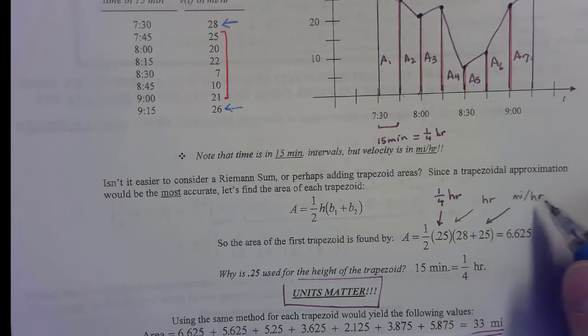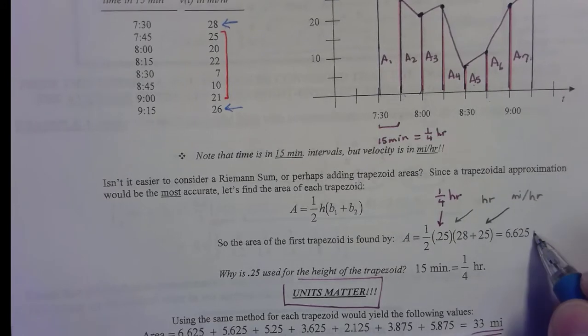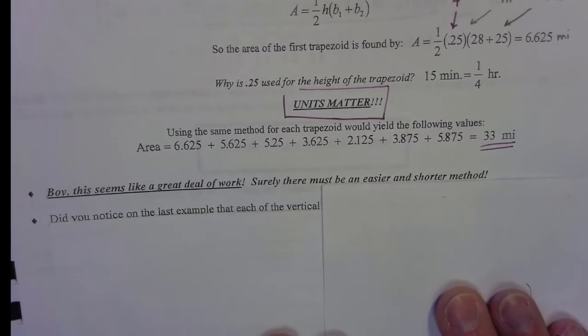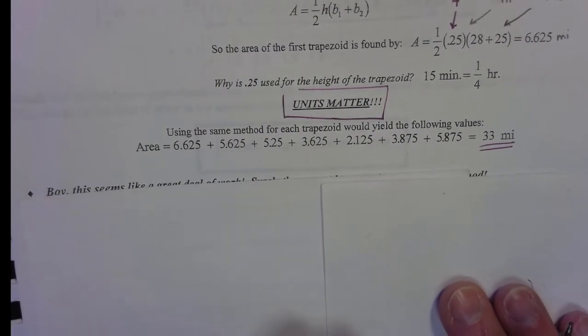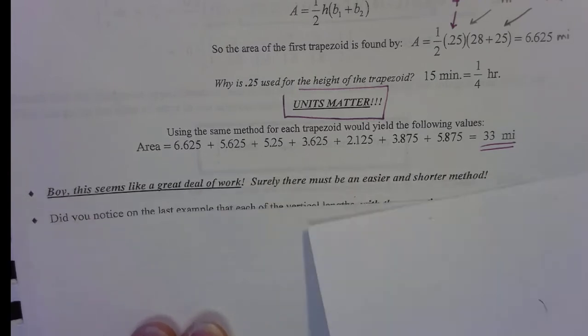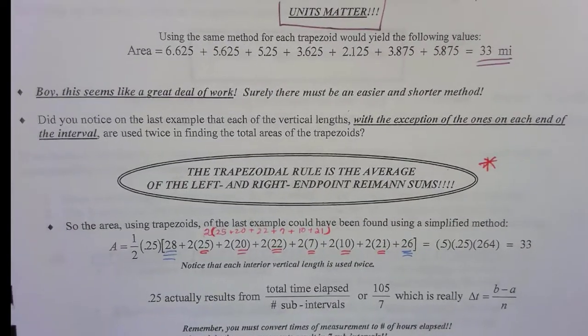So the hours units will cancel out, leaving miles. Okay. And we go through the process for the whole set of data, and we get that in that time from 7:30 to 9:15, we traveled 33 miles. Pretty neat. Seems like a lot of work.